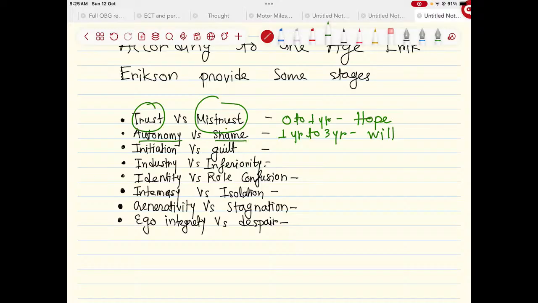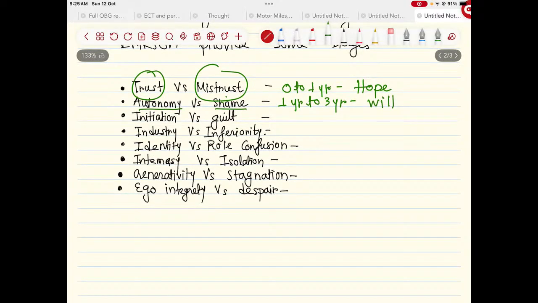But they get shame because they do not understand that they made a mistake. If the child makes a mistake, they didn't think about it, they get fear because they go for autonomy.